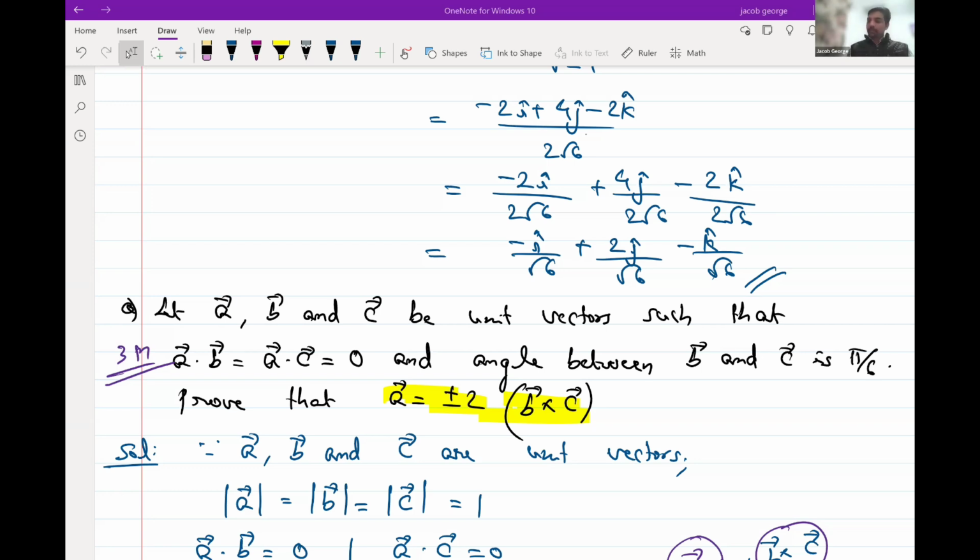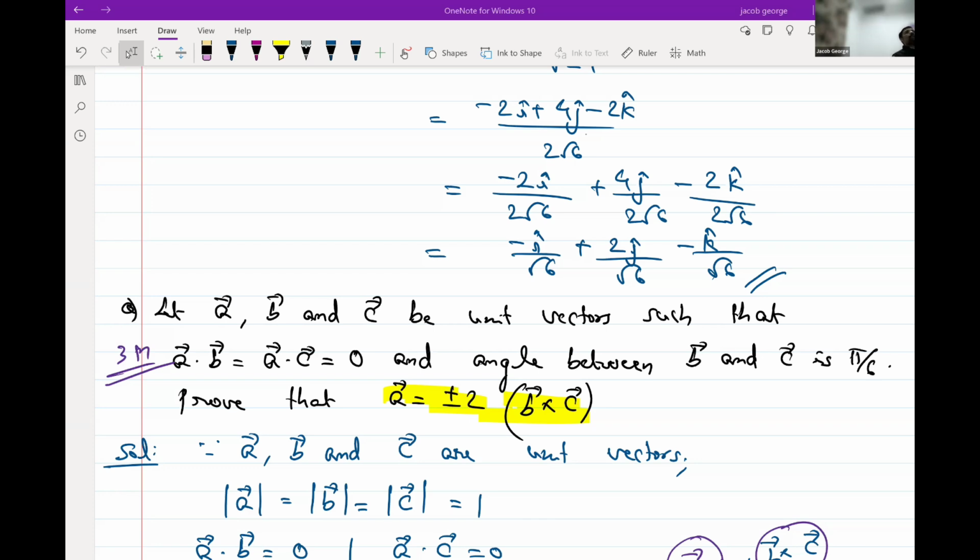Then prove that vector A is equal to plus or minus 2 times vector B cross vector C.